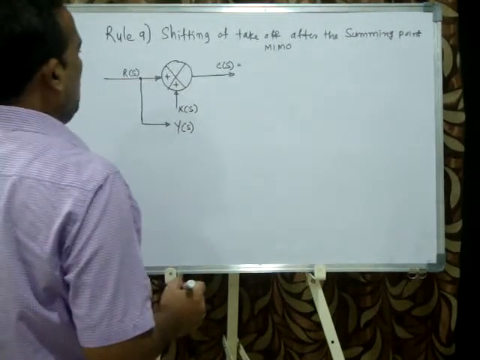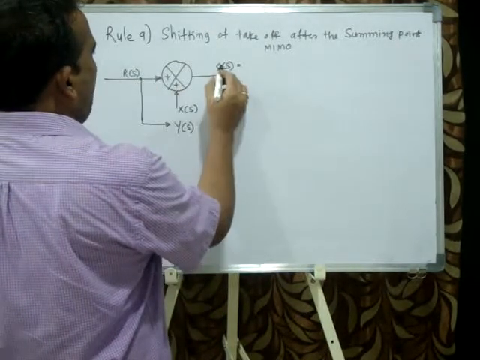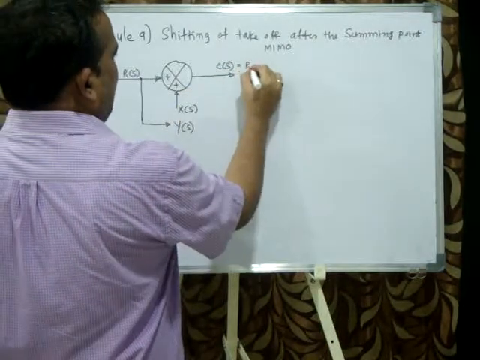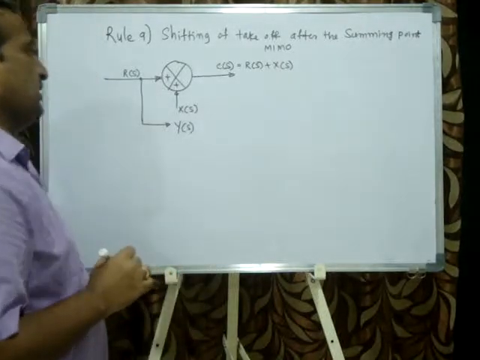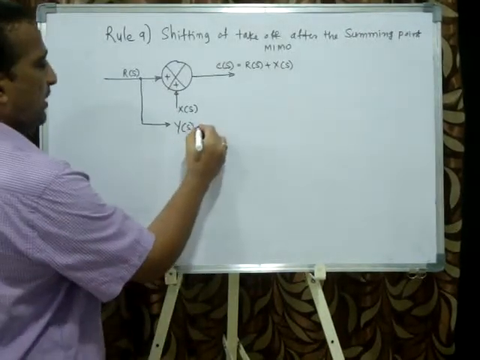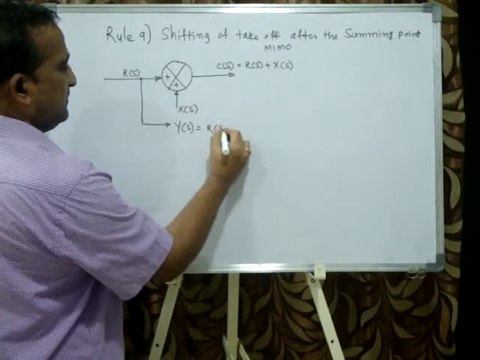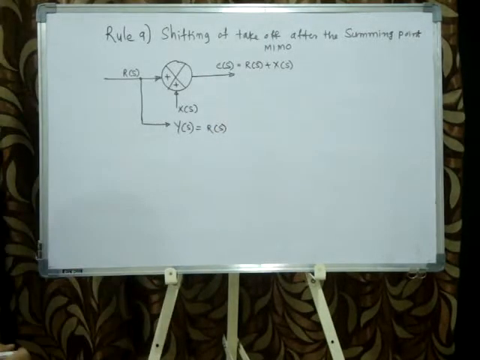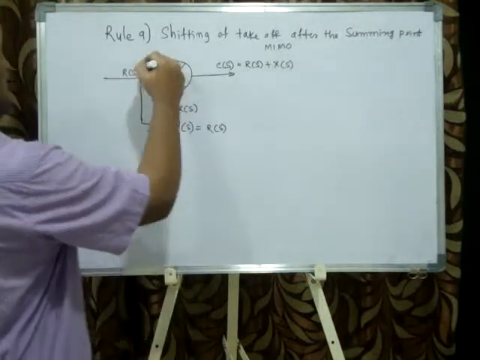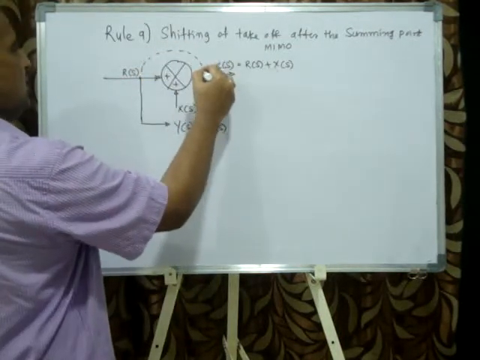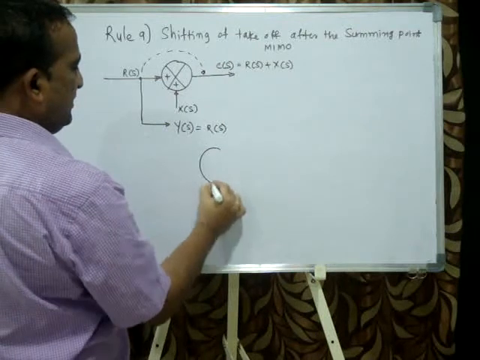Now what I'll do here, R of S plus X of S. Now here Y of S is what? R of S. Okay, this is the present system. Now I'll shift this after the summing point.